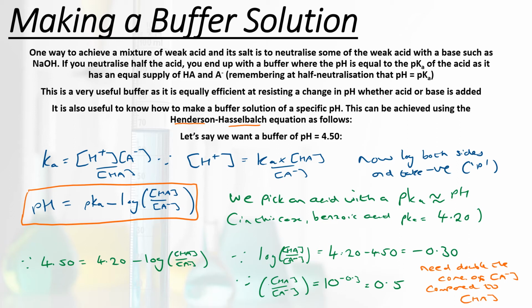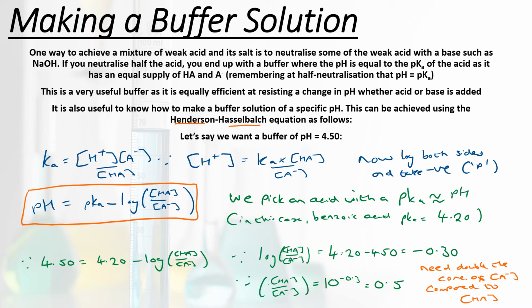And this can be achieved by using something called the Henderson-Hasselbalch equation. So let's say we want to make a buffer that has a pH of 4.5. We write our Ka expression, H plus A minus over HA, rearrange for H plus because again we're interested in pH. So we have Ka times HA over A minus when we've rearranged that equation.